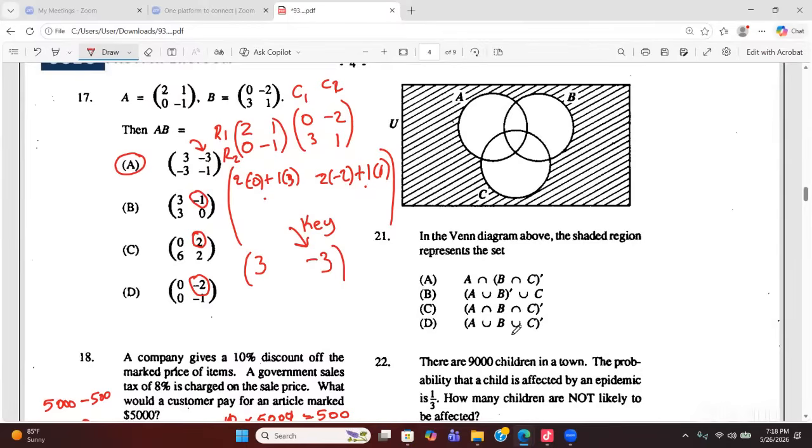So you're looking at the complement of A union B union C. So this is the answer, right?